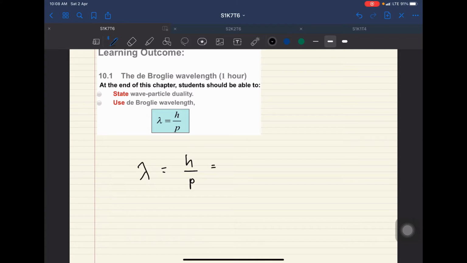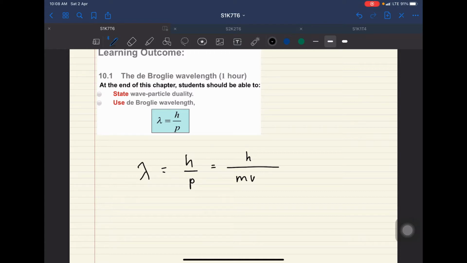Since we are talking about the momentum of an electron or any particle, p equals mv. This is basically how you calculate wavelength for particles.